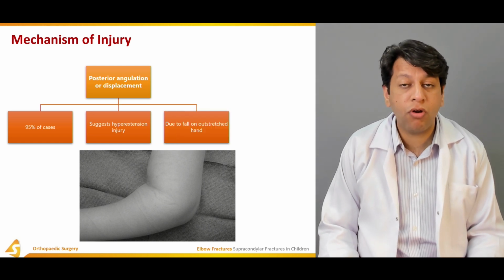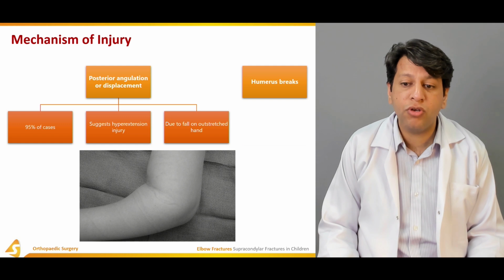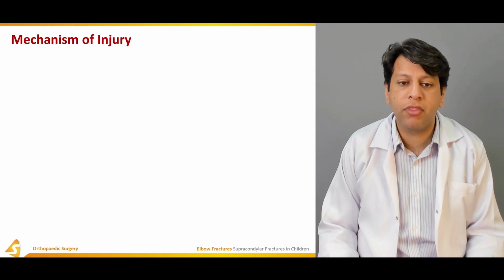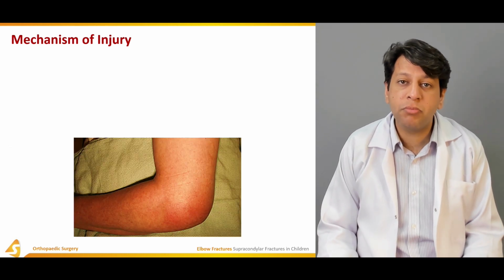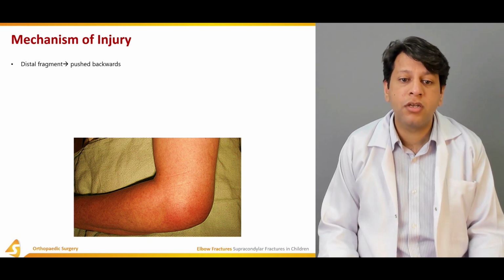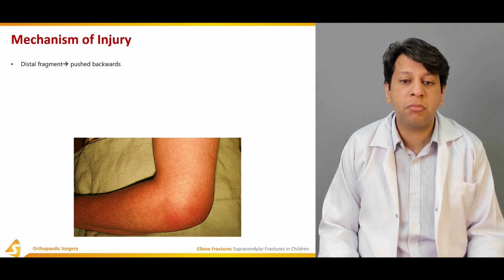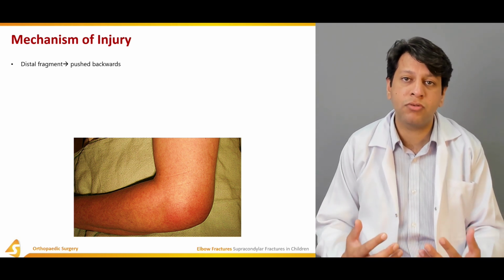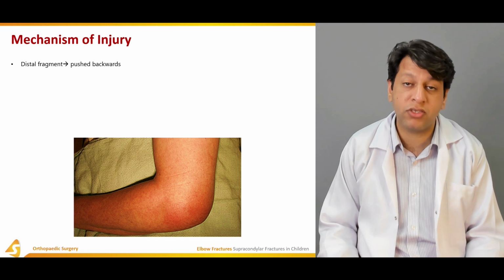This is due to the fall on the outstretched hand, and the humerus breaks usually just above the condyles, leading to a supracondylar extension type injury. The other cause is in 2 to 3% of cases, or according to some books, 3 to 5% of cases. The fall of the child is on the flexed elbow.